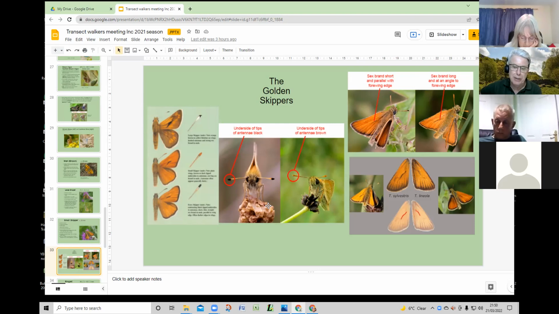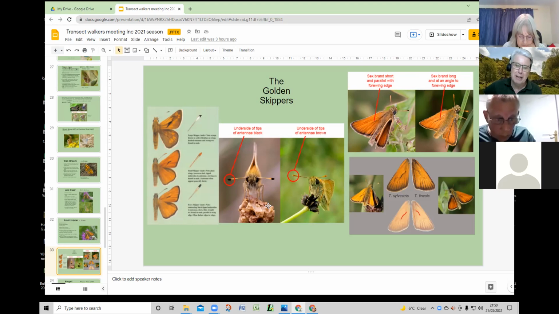And in some of those southern sites, I've also walked a transect on Thorne Moors, which is just the side of Doncaster. And I would say Essex has now reached about 50-50. And as I was saying, in Holland, the Essex is beginning to take over from the small skipper.